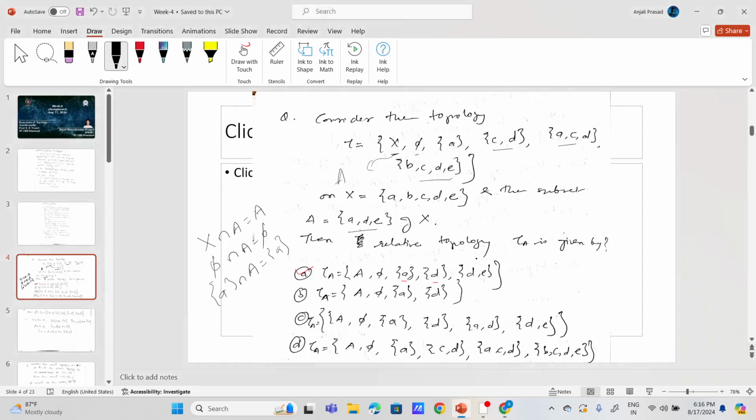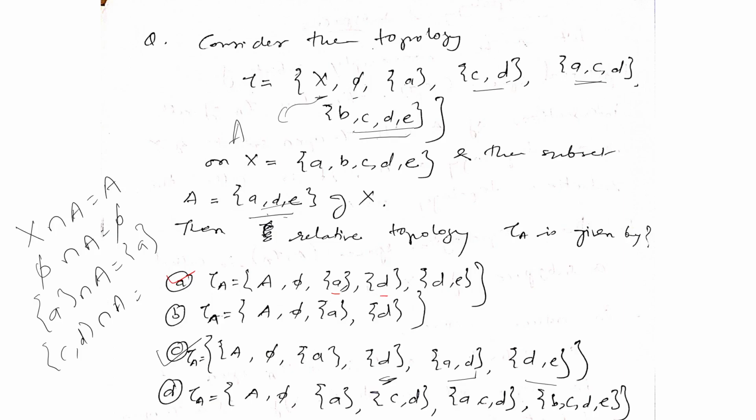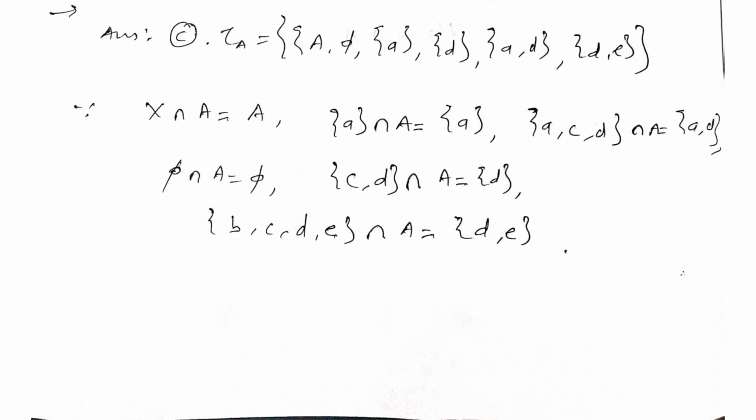Singleton A intersection A will give you A. Now CD intersection A will give you what? D, right? Singleton D. Then when ACD intersects with AD, you will get AD. Then BCDE intersection with AD, you will get D, right? So the correct answer will be C. I hope it is clear. So you can see the correct answer is C.